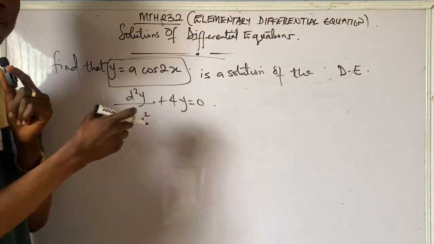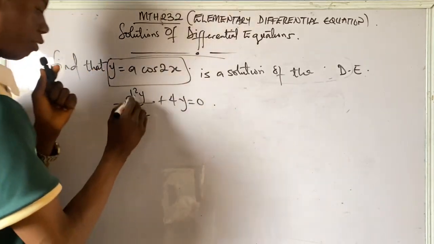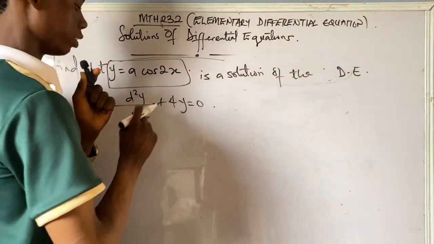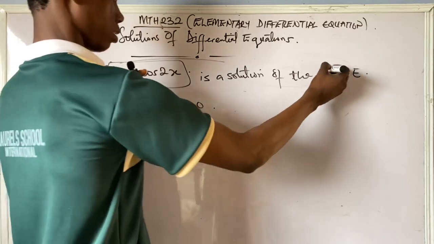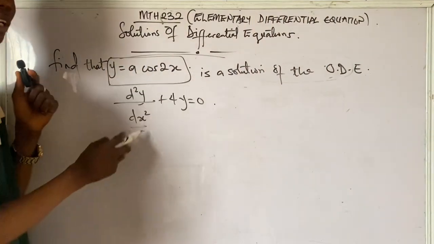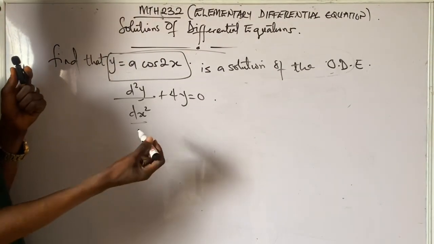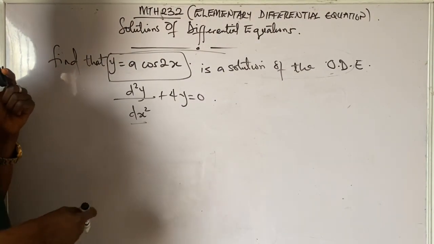You are asked to find whether it is a solution of this. Is this a first order or second order? Second order. Is it an ordinary? Yes. So, ODE. Now, y equals a cosine 2x is a solution of this equation. How do we confirm that? That is what we want to do in the next video. Thank you.